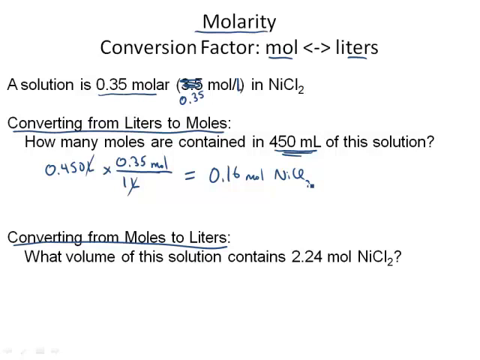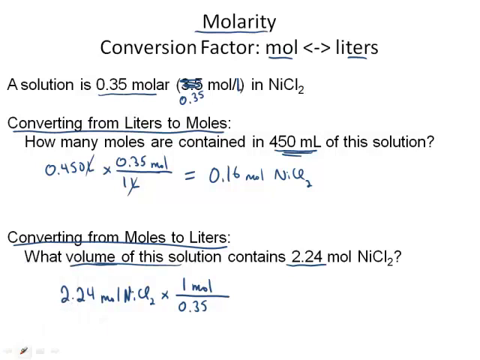The opposite conversion is if you want to know what volume of a particular solution will contain a particular amount in moles. So what volume of this solution would you need if you wanted to have 2.24 moles of nickel chloride? Again, you always start with what you have over on the left, so it's 2.24 moles of nickel chloride. Use the same conversion factor, but here you want to get liters and get rid of moles.